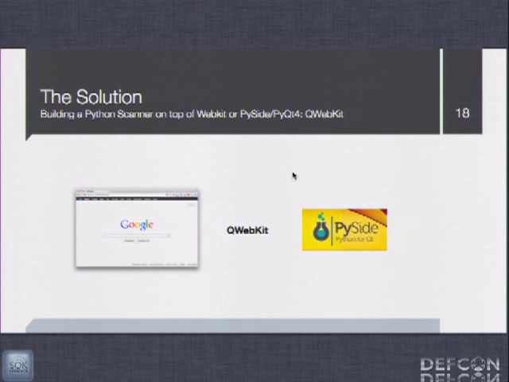I took WebKit. I used the PySide project to get the web browser in there, and I don't build my HTTP requests and all that stuff myself. I simply use the web browser. I have full access to it. I modified WebKit a little bit. I patched it. I can fire JavaScript events and all that stuff.